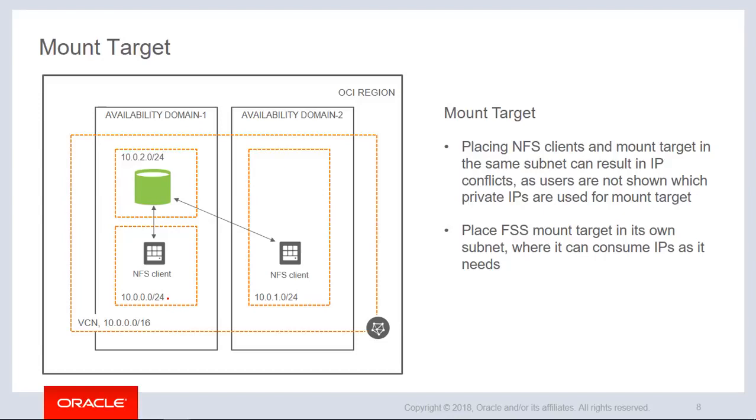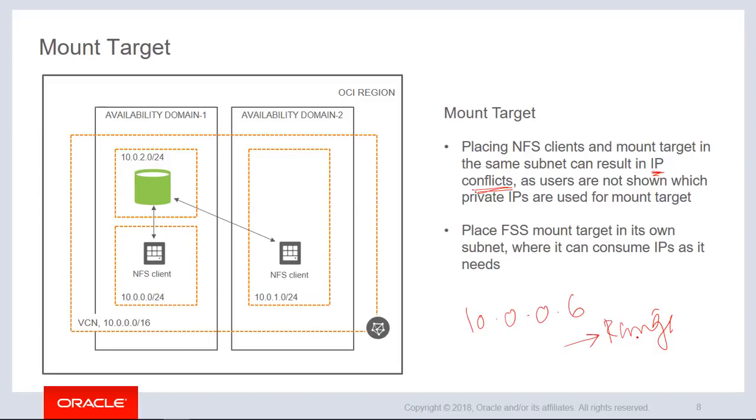Placing NFS clients and mount target in the same subnet can result in IP conflicts, as the users are not shown which private IPs are used for the mount target. Earlier we said that the mount target private IP could be something like this, and the other 2 IP addresses could come anywhere from the IP range. We don't know what the service will select, and you cannot choose, view or edit these IP addresses.